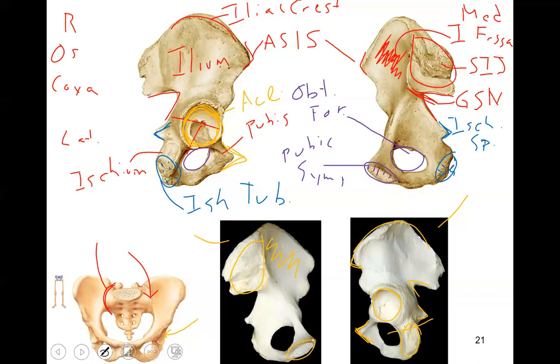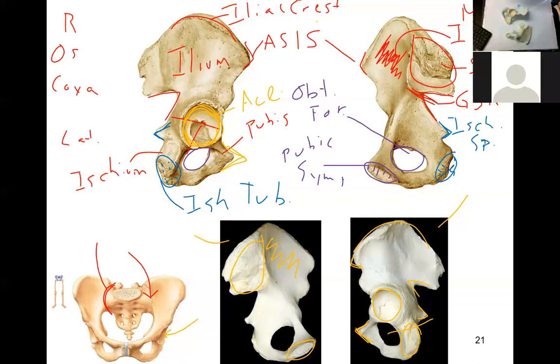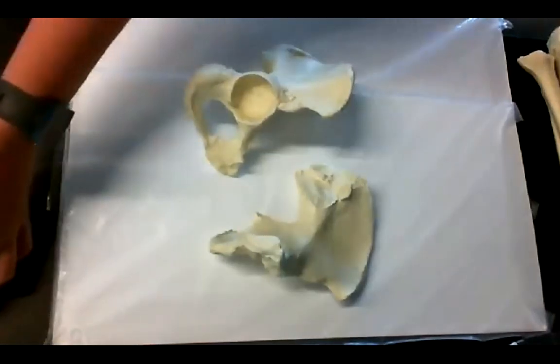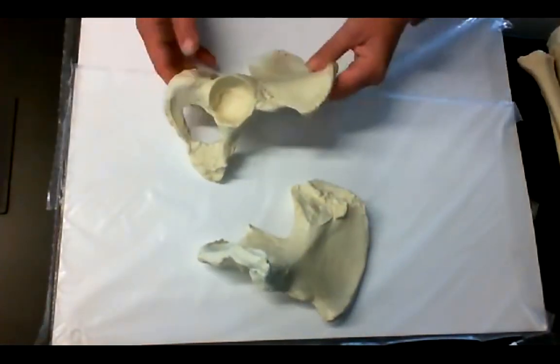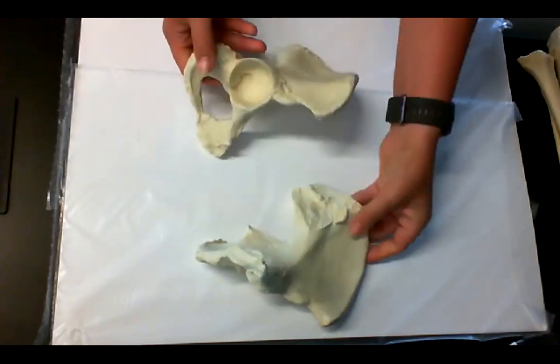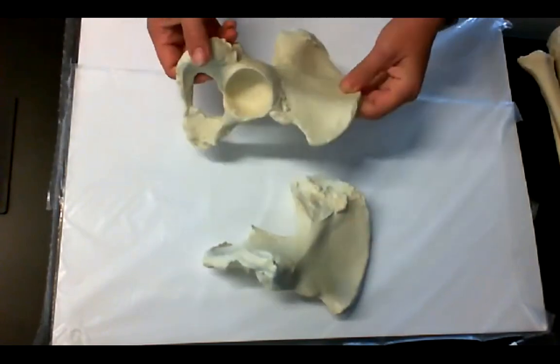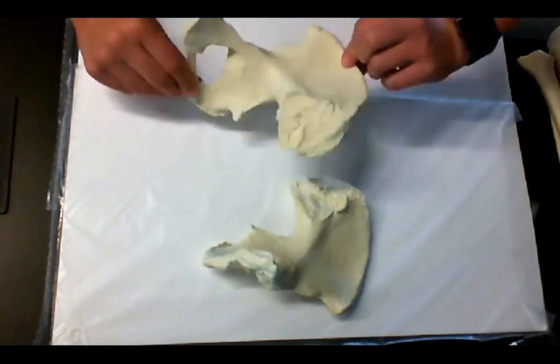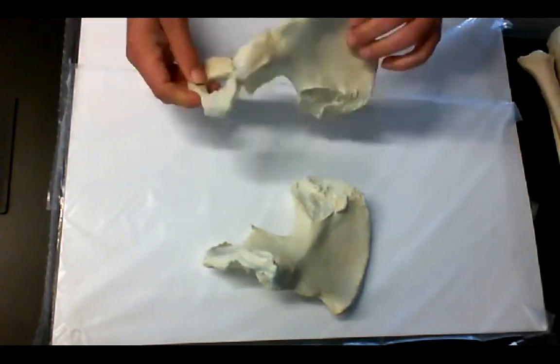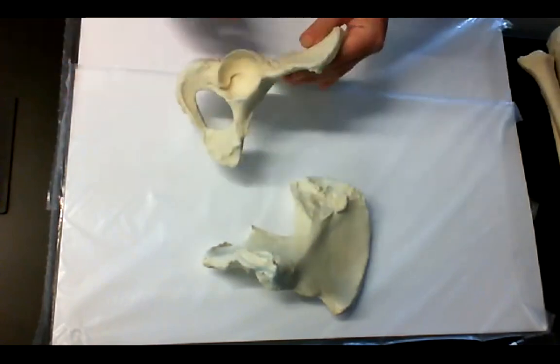Okay, let me switch over real fast to the actual images. So these are coxal bones here for you. This one is a right coxal bone, this one is a left coxal bone. Maybe you should take a look at Mastering A&P so that you can actually manipulate these bones in real life, or in 3 dimensions, that is.